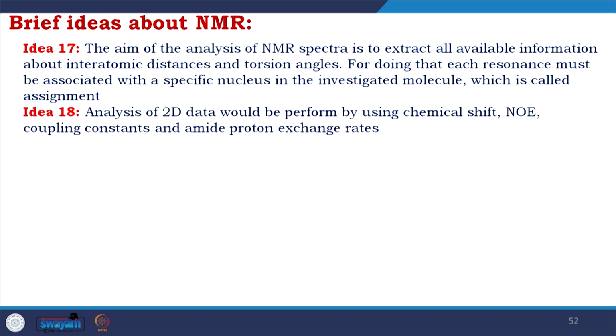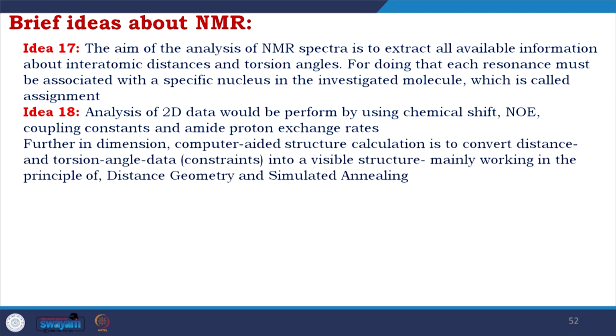Idea 18: analysis of 2D data would be performed by using chemical shift, nuclear Overhauser effect spectroscopy, coupling constants and amide proton exchange rates. Further, computer aided structure calculation is used to convert distance and torsion angle constraints into a visible structure, mainly working on the principle of distance geometry and simulated annealing.